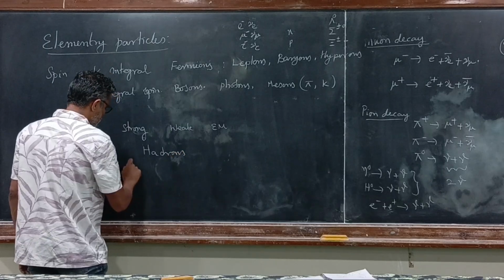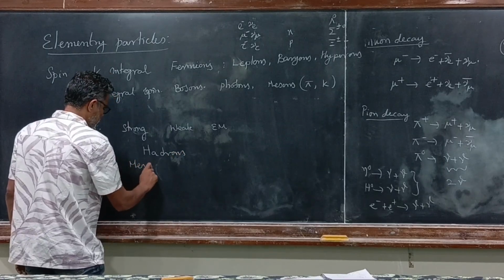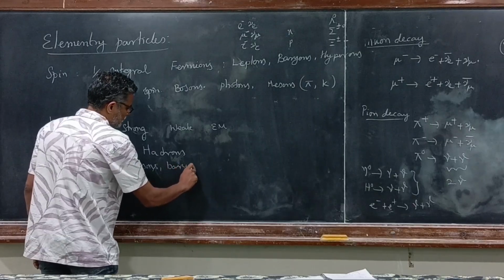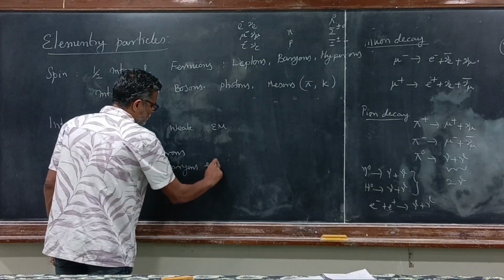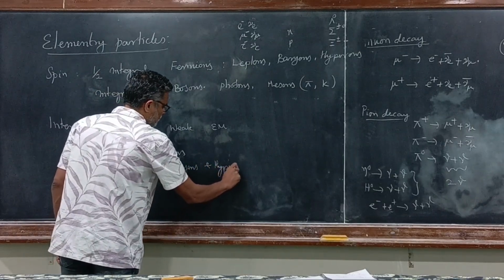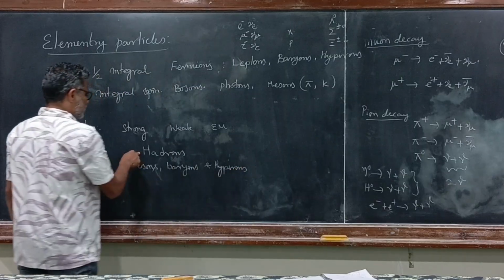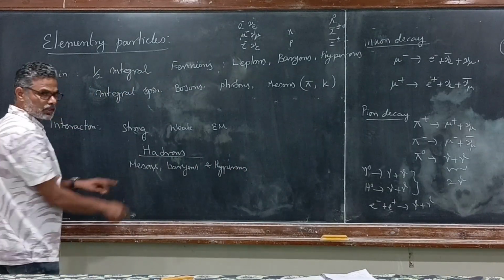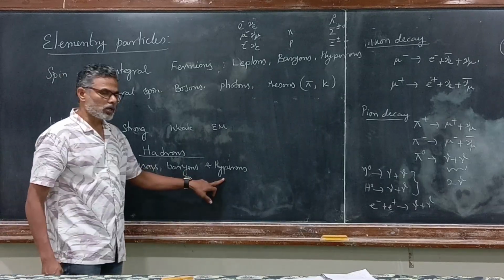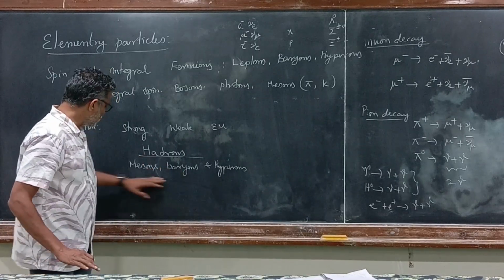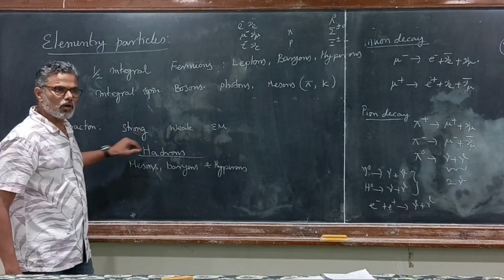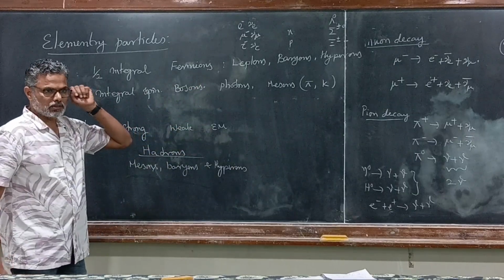And that consists of mesons, baryons, and the hadrons. So you commonly call them hadrons that consist of mesons. These are bosons, and these two are fermions.